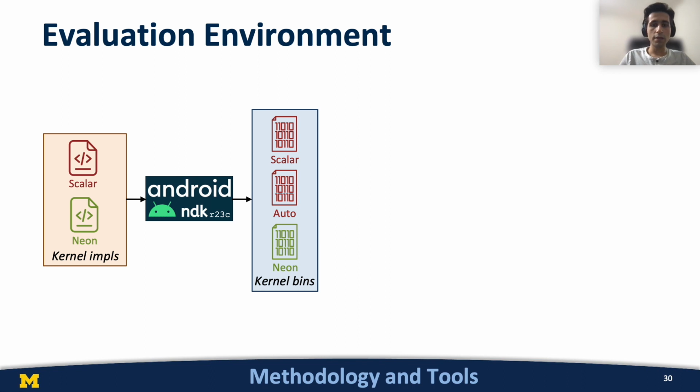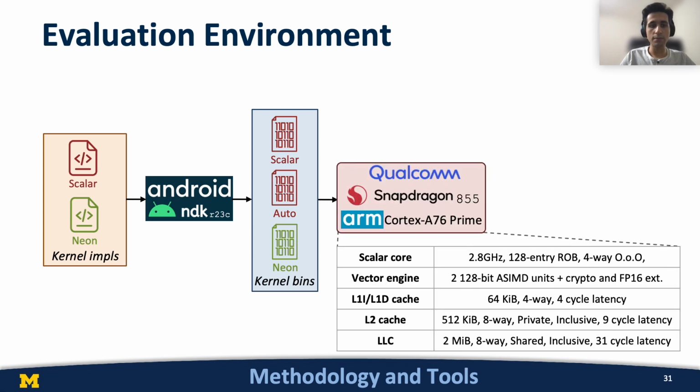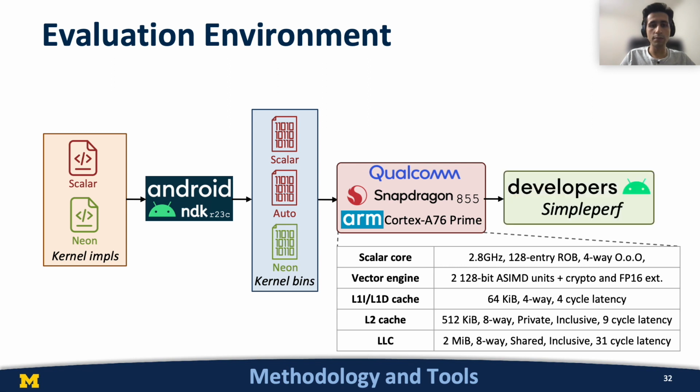We cross-compiled the Scalar and Neon implementation using Android NDK. In addition, we compiled the Scalar baseline with LLVM's auto-vectorization to evaluate compiler vectorization benefits and limitations. Our mobile device contains a Qualcomm Snapdragon 855 SoC. We evaluate the high-performance ARM Cortex-A76 Prime core, which is a 4-way superscalar and out-of-order core with 2 128-bit vector pipelines.